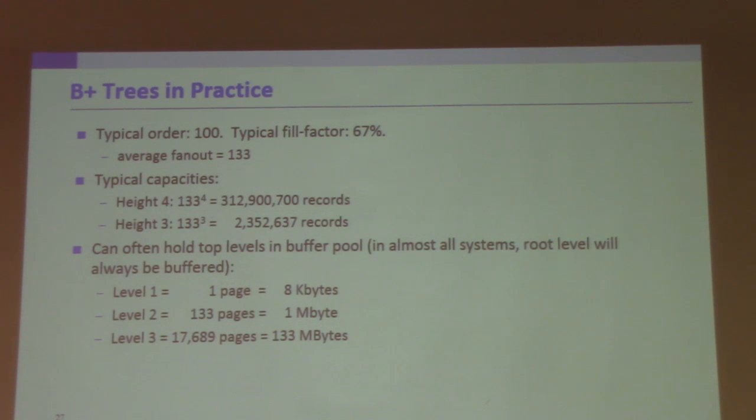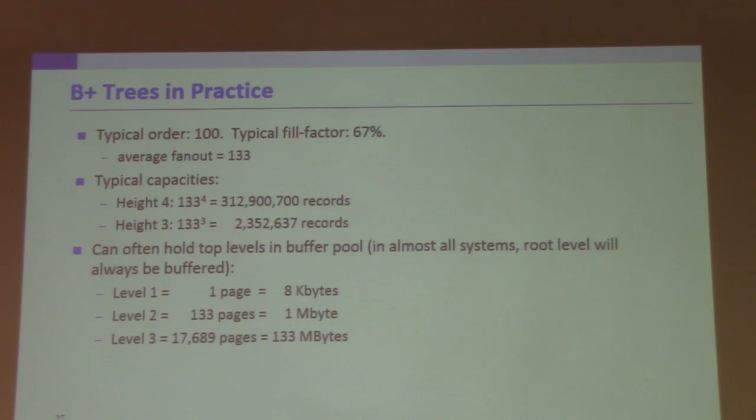Half capacity of your page is what we call the order of your tree. Why we do that is because when we do either bulk loading or dynamic reorganization of your tree, one fundamental requirement is that the fan out of your tree, meaning how many entries you have on any page, cannot be too small.